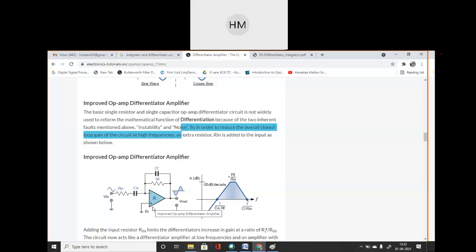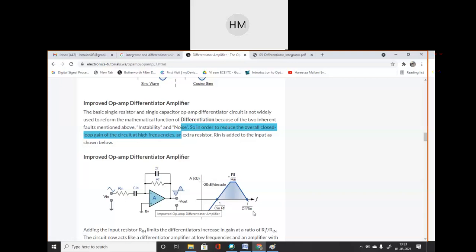Both the stability and high frequency noise problems are eliminated by connecting R1 and CF in the practical differentiator circuit. Okay? So you can see this practical circuit. You can draw it in your copy, the practical differentiator circuit.